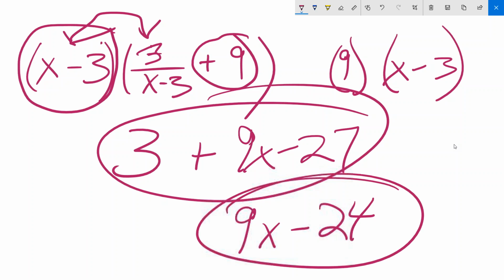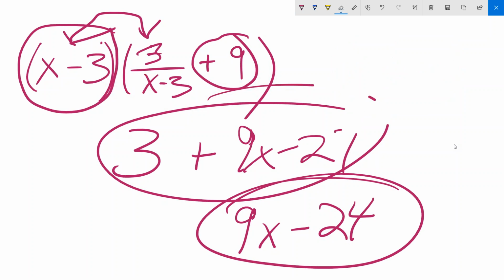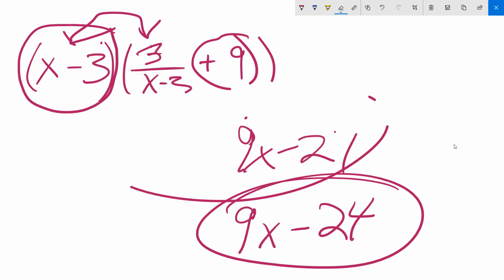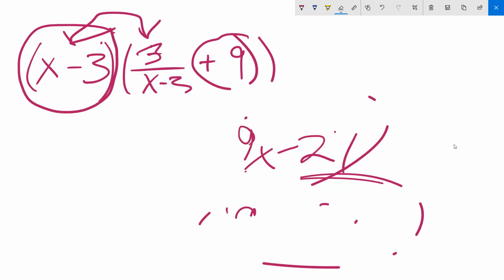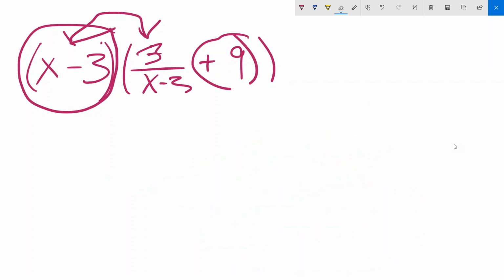That's your answer. Now, notice that if we treat that x minus 3 as a single term instead of a binomial term, it allows us to do that. And in this case, it's the most efficient way to get that problem done because I have this x minus 3 involved.